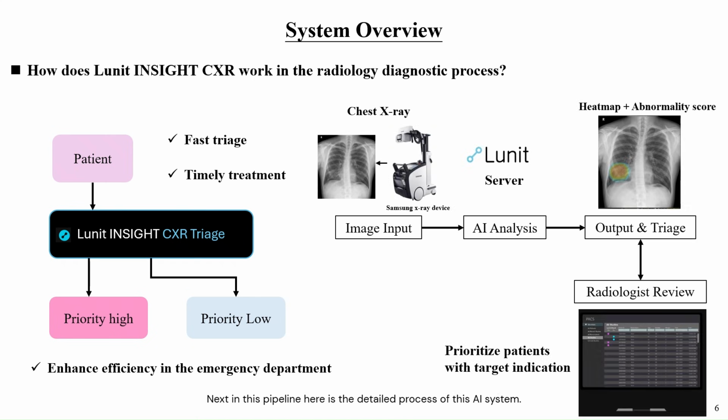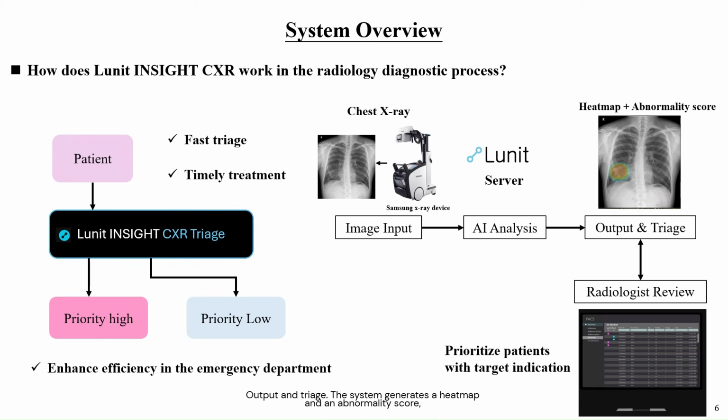Next, in this pipeline, here is the workflow of the AI system. Chest X-ray images are acquired from the X-ray device, for example, the Samsung X-ray device. The images are automatically sent to the Lunit AI server, where the deep learning model analyzes them for abnormalities such as pneumothorax, pleural effusion, or lung nodule.